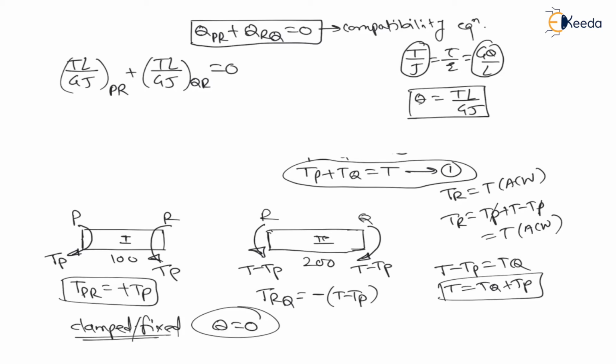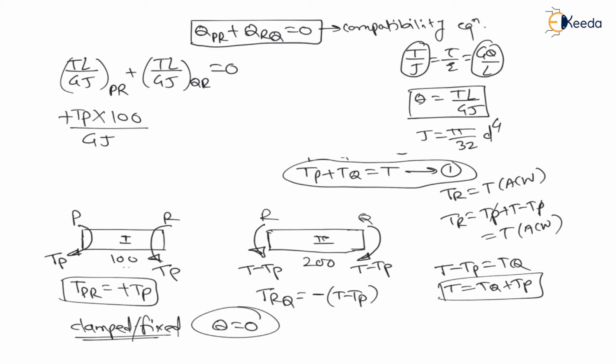Therefore, on PR, torque is plus TP and length is 100 mm. Length of PR is 100 mm divided by G. Here the material is the same, so G will be the same, and as the diameter is the same, J is nothing but pi by 32 d power 4.